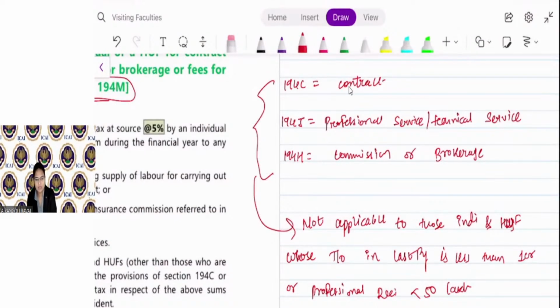Then 194C, 194J and 194H is not applicable.